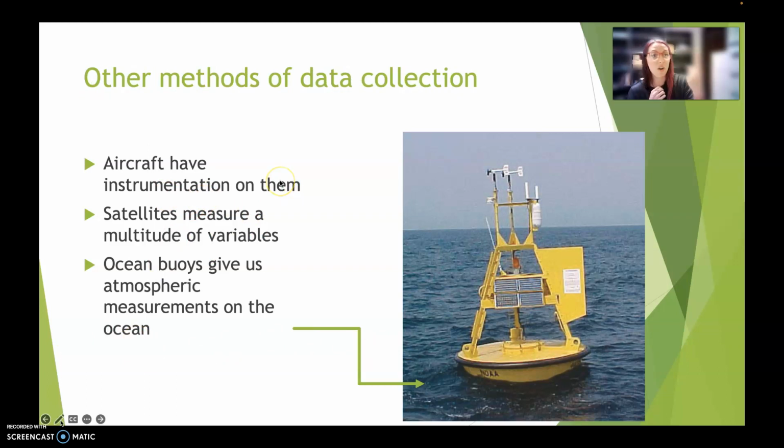There's aircraft that have instrumentation on them, right? Planes need to know what's going on in the atmosphere around them, so they often collect data. We also have tons of satellites in the atmosphere. We'll talk further about that later on. And then we also have ocean buoys, which can give us atmospheric measurements while they're floating along the ocean, which is pretty cool. And that's what this picture is here on the right-hand side.